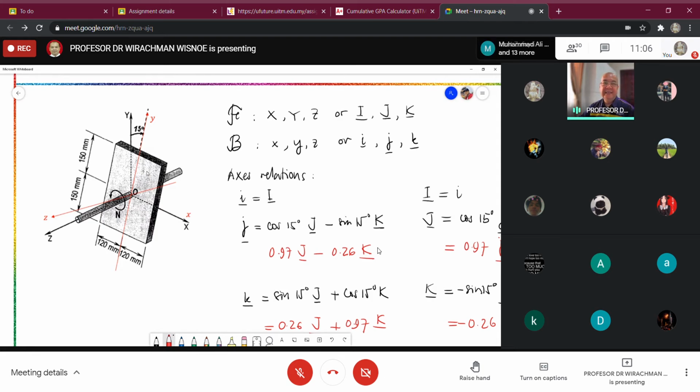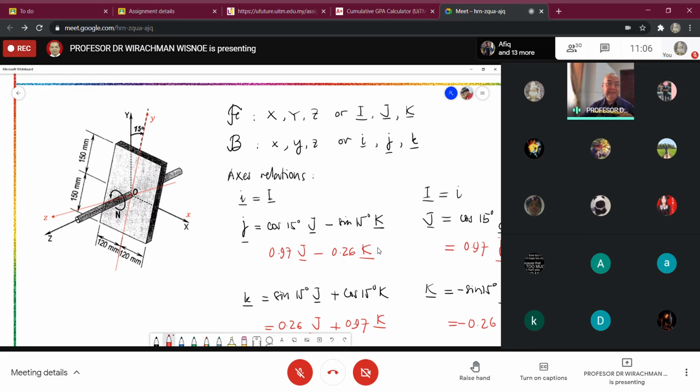The axis linked to the plate is what I wrote with lowercase, small x, small y, small z. So that is the principal axis of the plate. That is the axis connected with the plate.